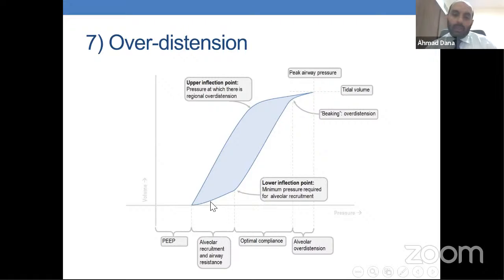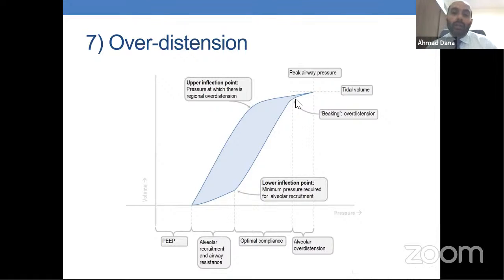Initially, the machine is giving very high pressure, achieving less volume till you reach the opening pressure. When you reach the opening pressure, you need less pressure to get more volume till you reach a certain point. At this point, you give more pressure, but you don't achieve much volume because of overdistension, overstretching.